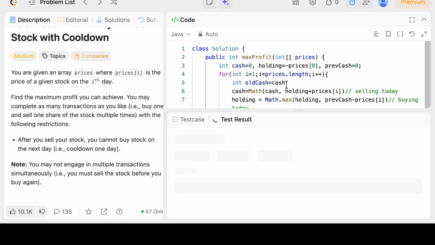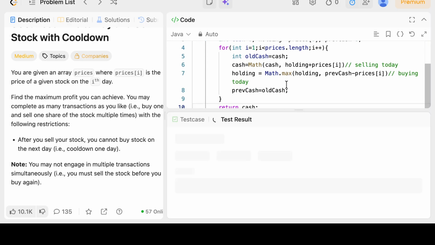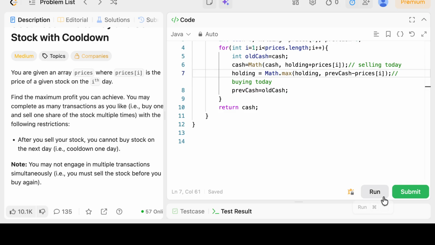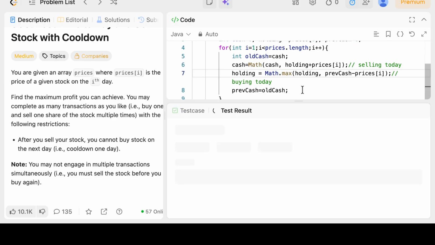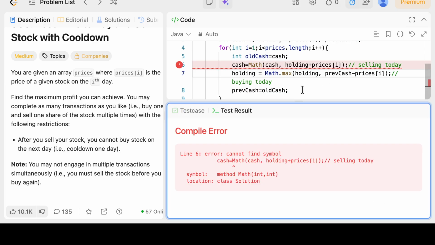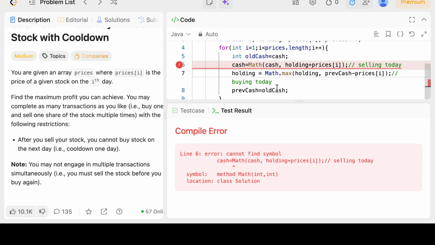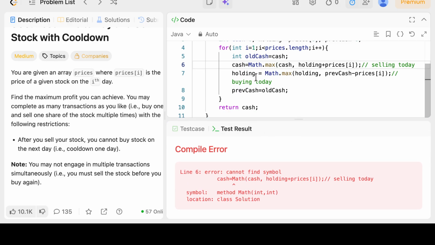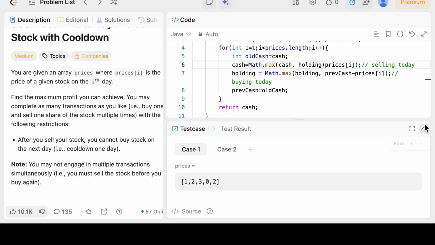Let's run it. I have to correct it. My mistake: I was just calling the Math class, but I need to call the method Math.max, right?